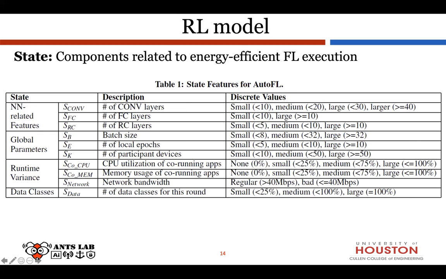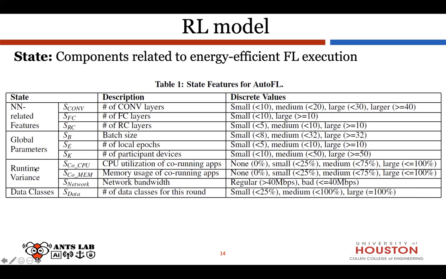It contains the neural network related features like the number of convolutional layers, the number of fully connected layers, and the number of recurrent layers of the neural network model. It contains the global parameters like the batch size, the number of local training epochs, and the number of participant devices.